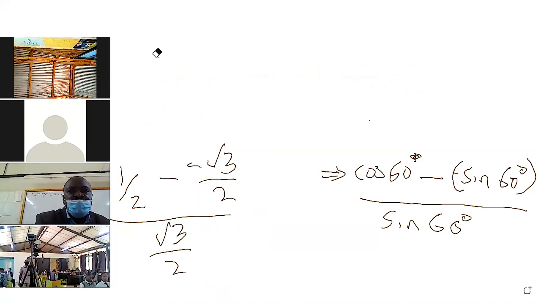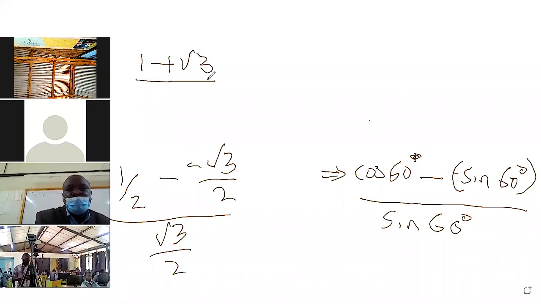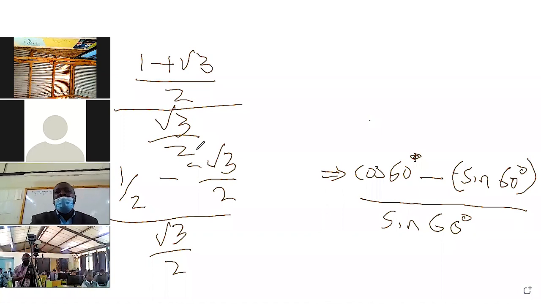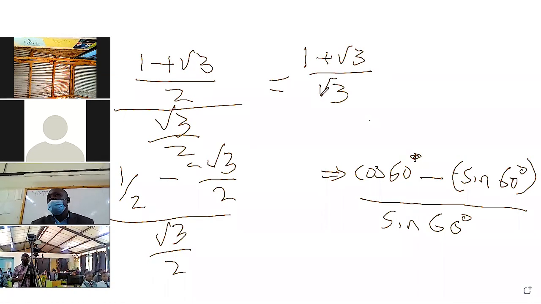So it's going to be 1 plus root 3 over 2, then divided by root 3 over 2. When we work this out, 2 is in the numerator and 2 is also in the denominator, so we are going to get 1 plus root 3 over root 3.